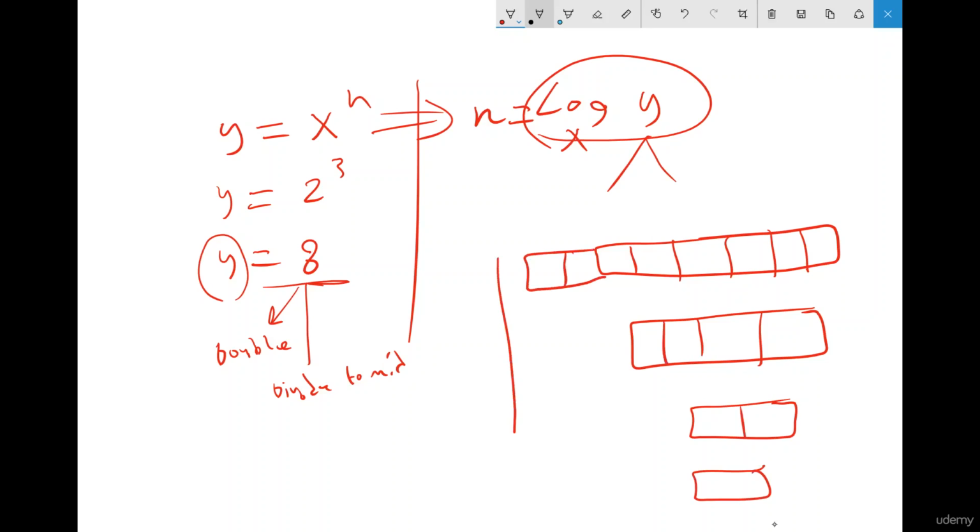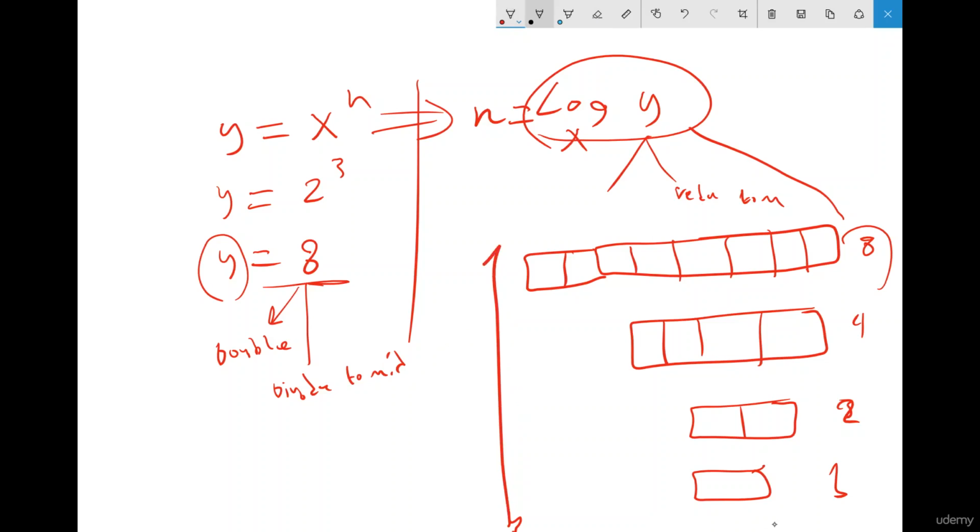If you see, you are going to the middle each time: first you have 8, then 4, then 2, then 1. In this case, something gets reduced to the middle. So this one takes log n because something gets reduced by half. If you go from the opposite side, you have 1, then 1 becomes 2, 2 becomes 4, and 4 becomes 8. So something gets doubled. So this one takes log n.